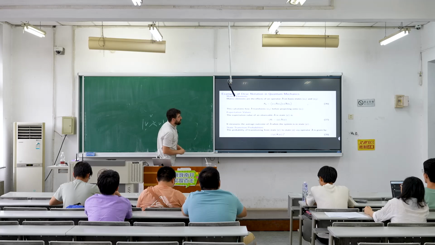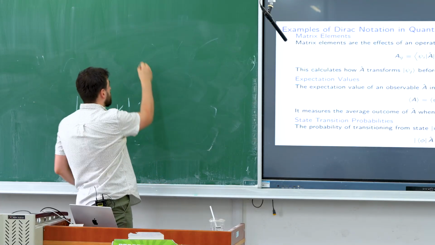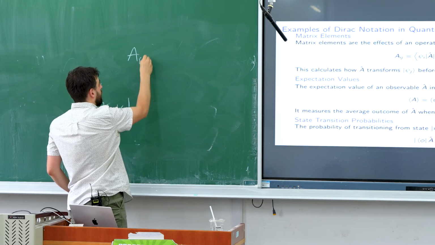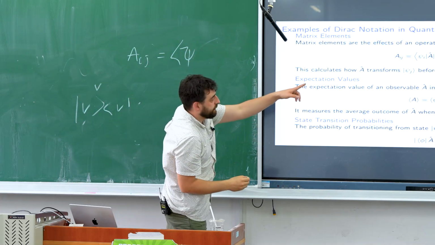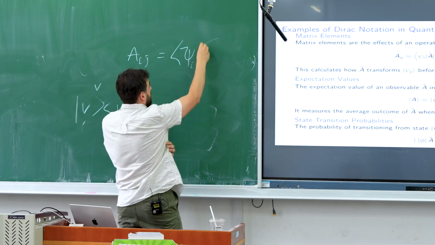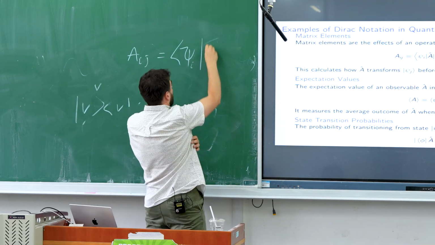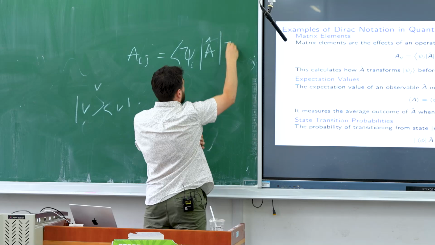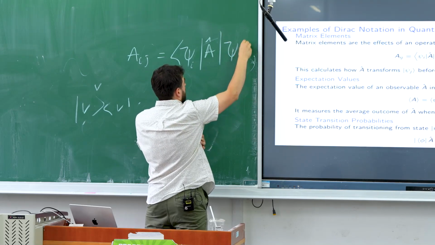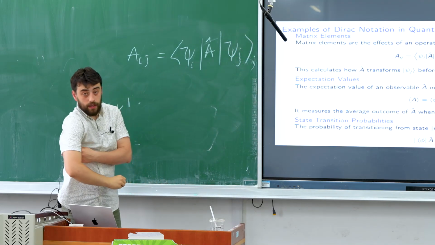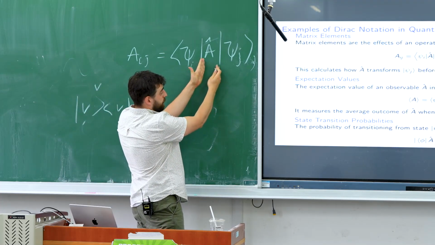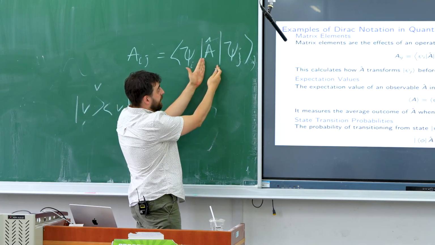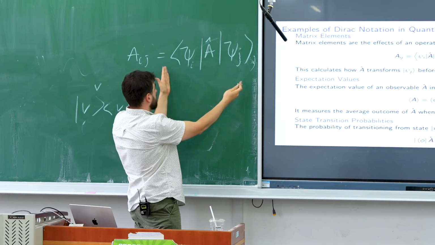I think I've accidentally written the LaTeX for the equation twice, but it was supposed to be A_ij equals some vector i, operator A, j, like that. Effectively all we're doing is taking a vector and multiplying it by an operator, and in fact this whole thing is a matrix.